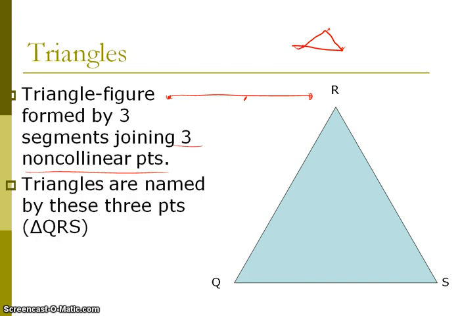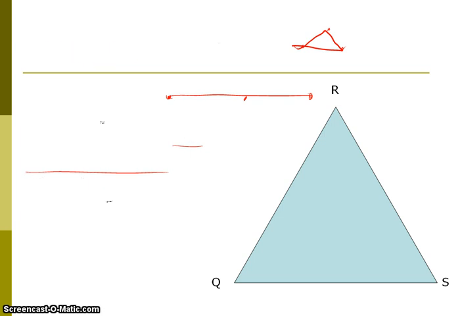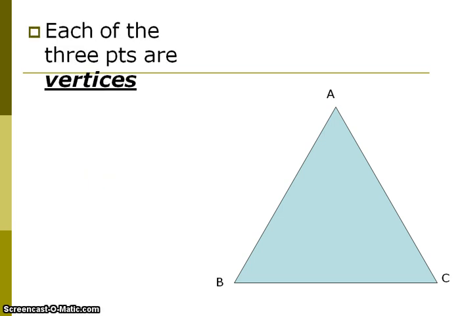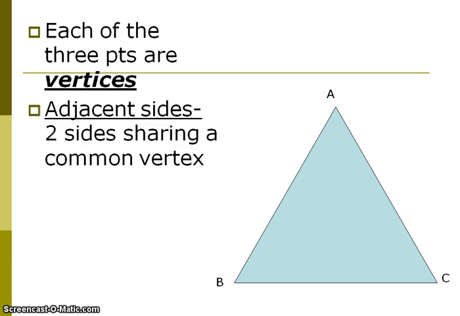We name triangles by these three points. So we would call this triangle, triangle QRS. Now, each of the three points has an official vocabulary name called a vertex. And adjacent sides are two sides that share a common vertex.